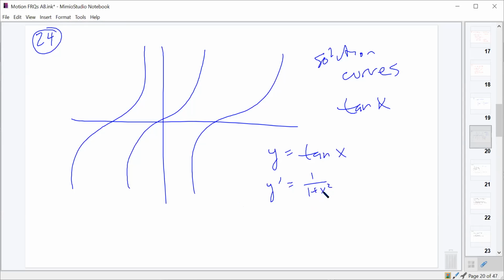That's not true. If I plug in pi over 4 into y of pi over 4 equals 1. Yeah, I mean, the only issue with that is we can't actually see that we're hitting pi over 4 and 1.